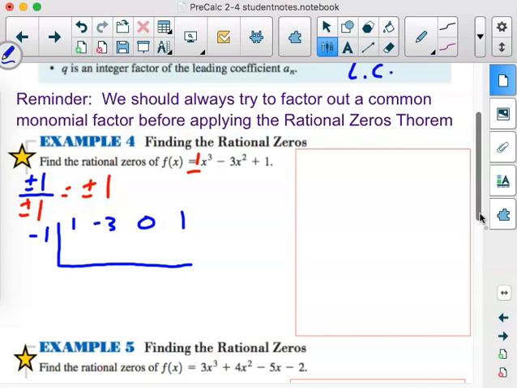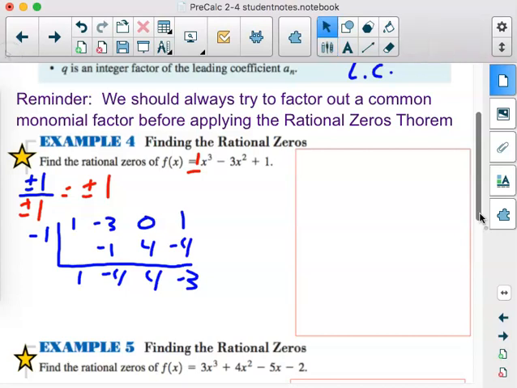And again, we go through the synthetic hoping that we see a 0 in that last position. So bring down your leading coefficient, multiply, add, multiply, add, multiply, and add. Well, that's not a 0. Got a remainder there. So this is not going to be a rational 0.